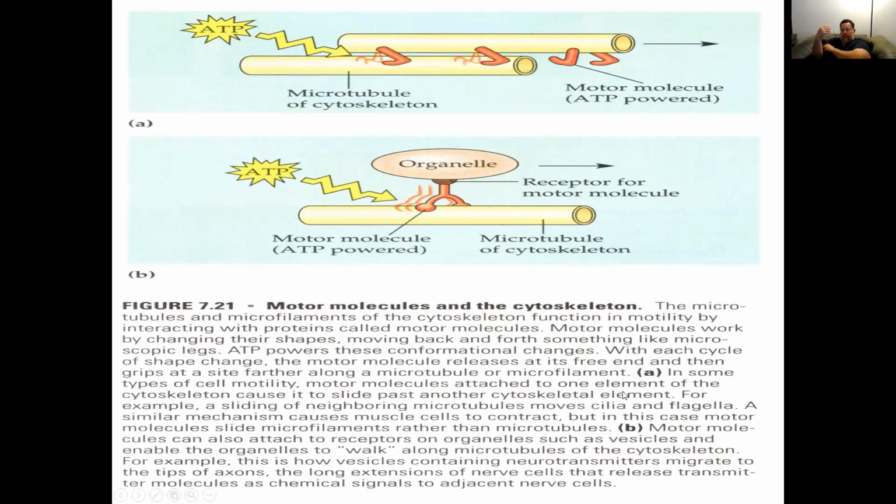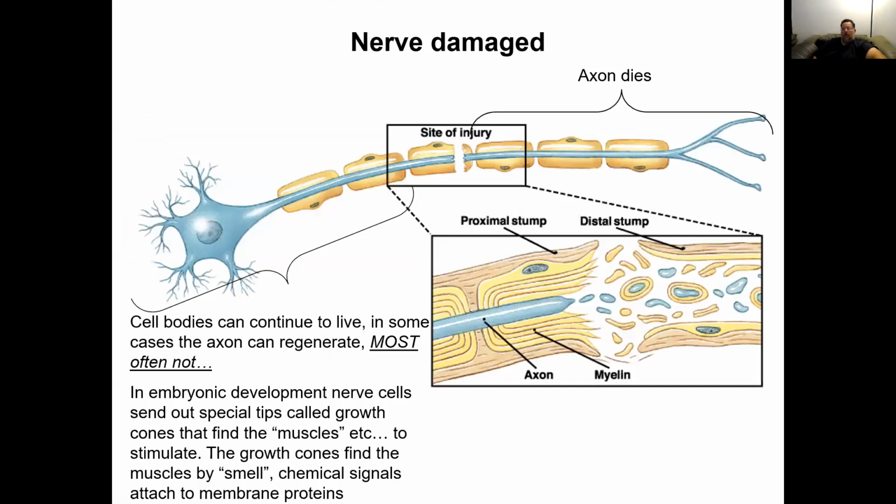So it's kind of like the muscles and their contractions, but in this case, it helps walk a vesicle or organelle down to various parts of the cell. And I'm going to show you a video of that. I'm going to try to see if I can find something for you in a moment.